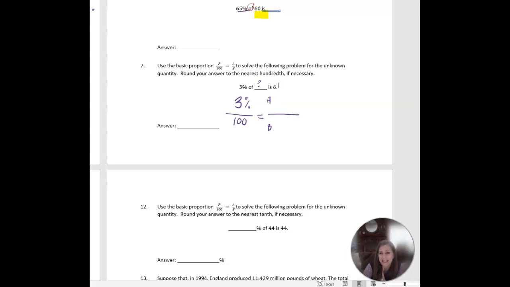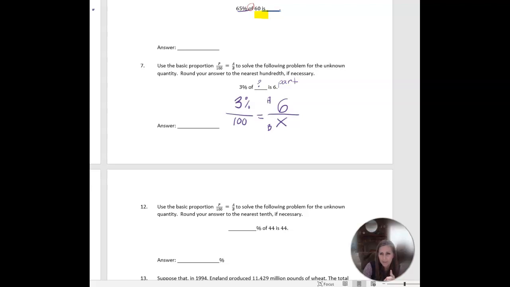Okay, so 6 is part of some number. It's 3% of some number. 6 is your part. We don't know the whole, we don't know the base, we don't know the bigger number, but we know that 6 is 3% of some number. So our base is X. Let's go through that one more time. 3% goes over 100, we don't even have to think about that.